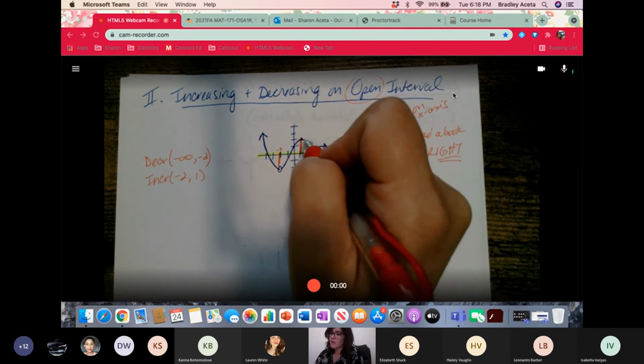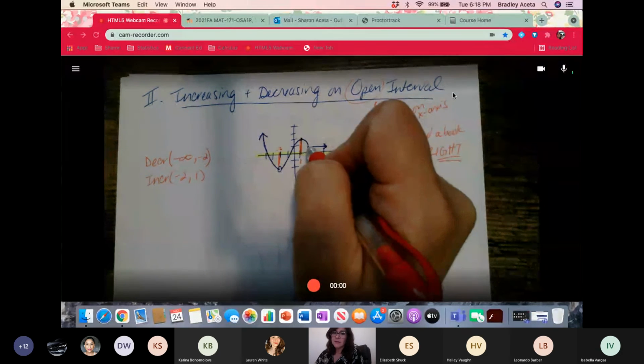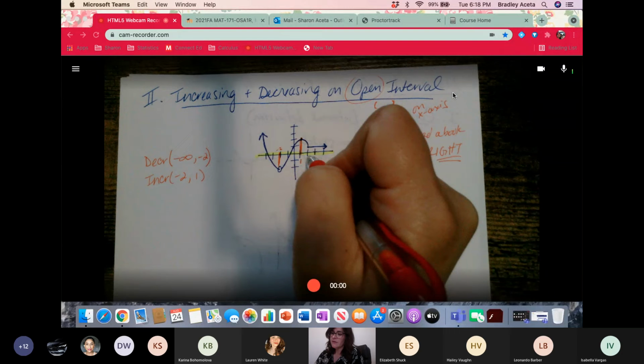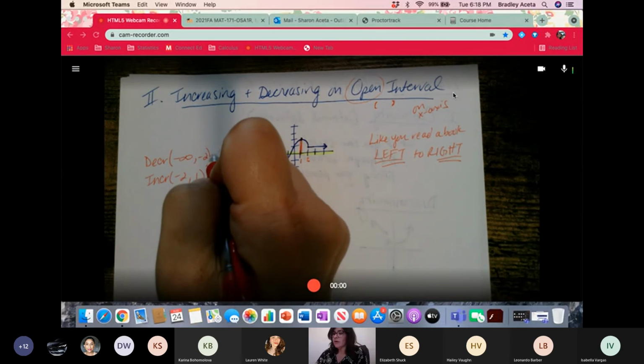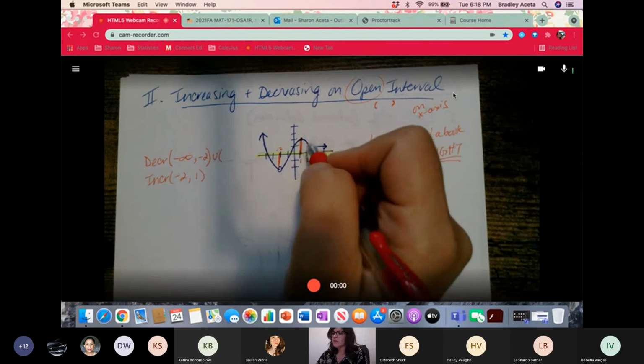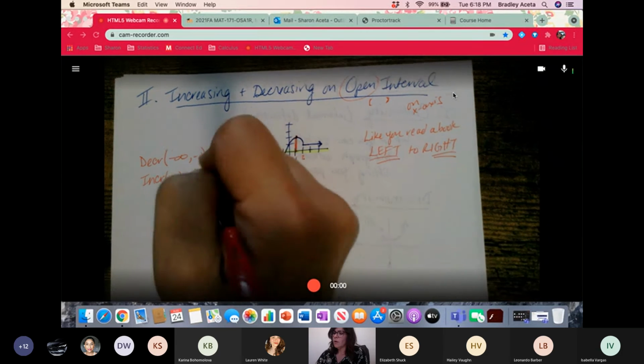Then what happens after 1? Well, it looks like I go down again. I go down until where? Well, this would be 2 on the x. So I'm decreasing again from 1 to 2.